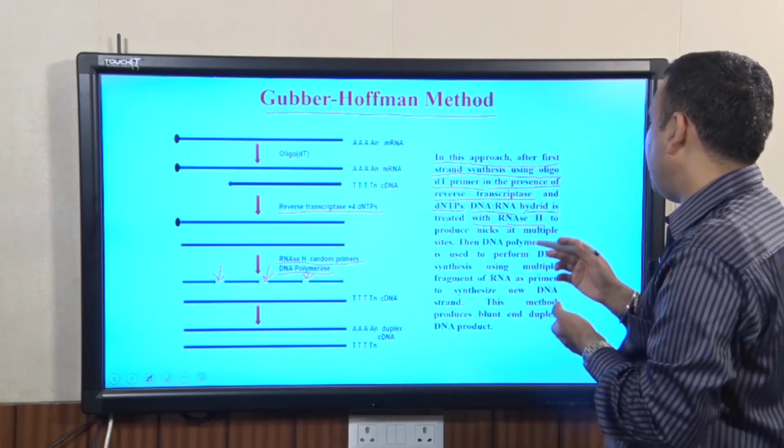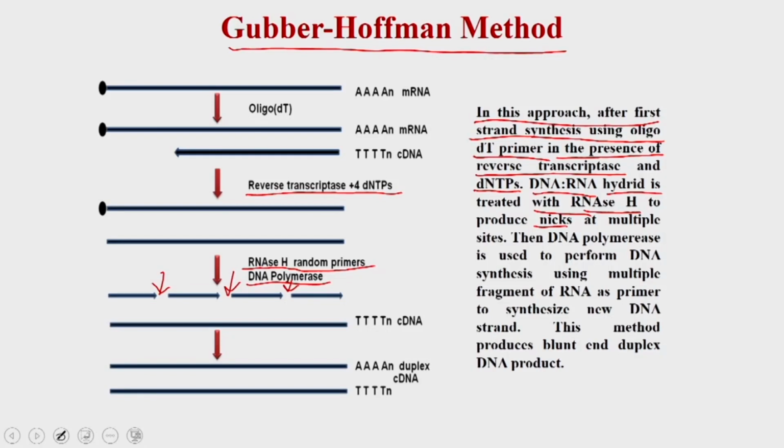In that, it produces nicks at multiple sites, that is what you see here, and the remaining RNA can be used as a primer for the DNA polymerase. In the subsequent step, you use the DNA polymerase to perform the second strand synthesis, using the multiple fragments of RNA as primers to synthesize the new strand.